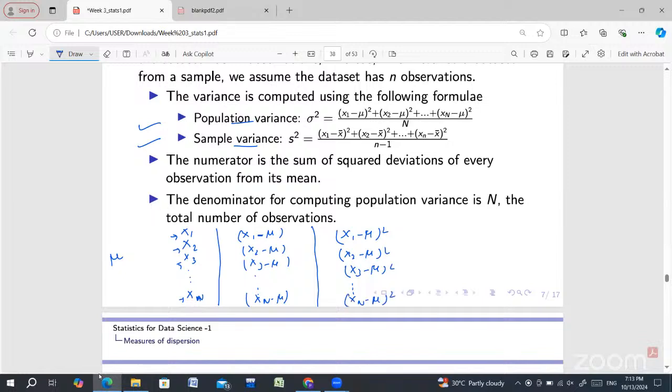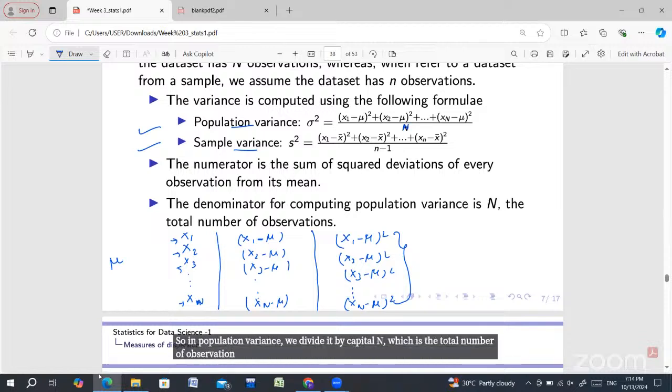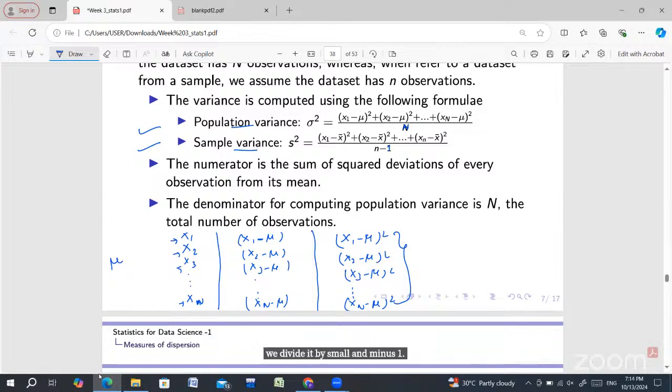Now we add all these values and divide by the number of observations. In population variance, we divide by capital N, which is the total number of observations in the population, but in sample variance, we divide by small n minus 1, where small n is the number of observations in the sample.